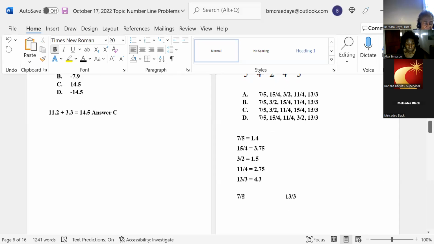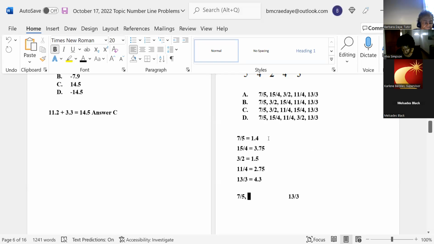We're putting the answers in as fractions, so you have to look at the decimal. 7 over 5 is 1.4.